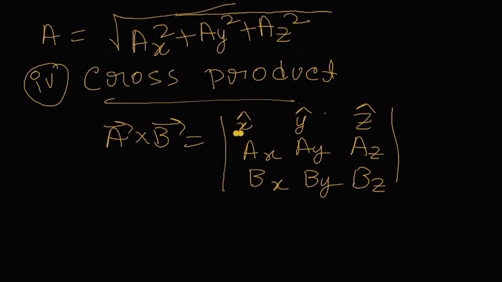That means we write the direction unit vector first, then the component of the first vector, then the component of second vector, and then by calculating this determinant we can find the value of A cross B.